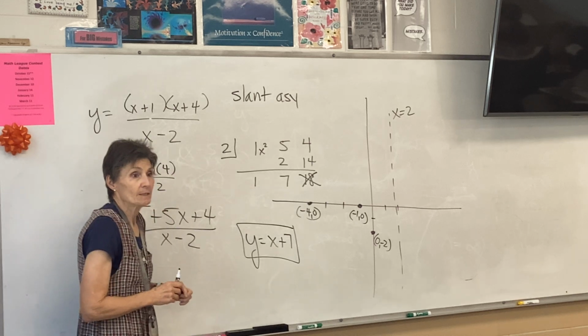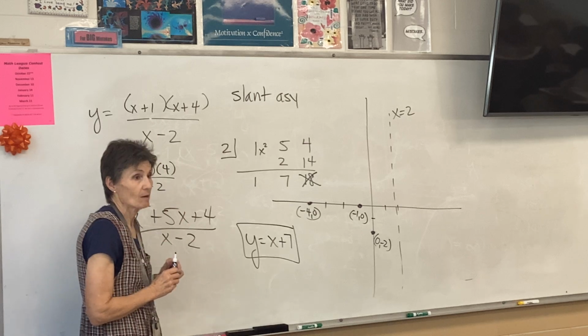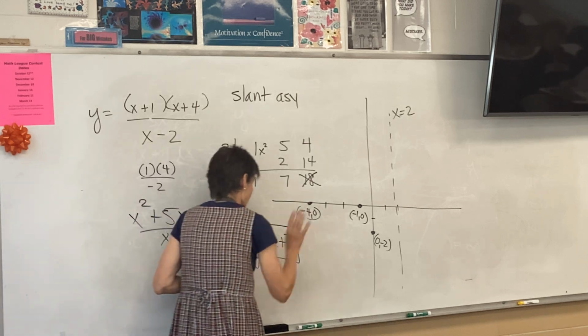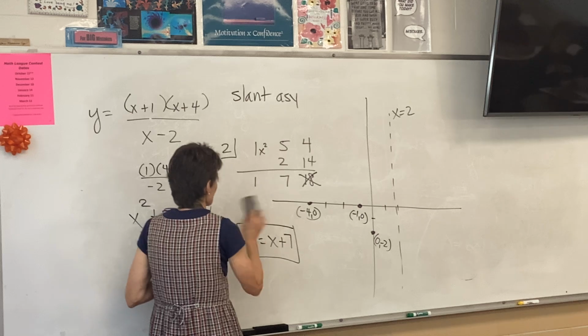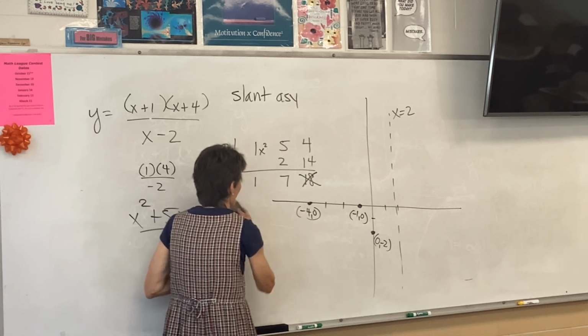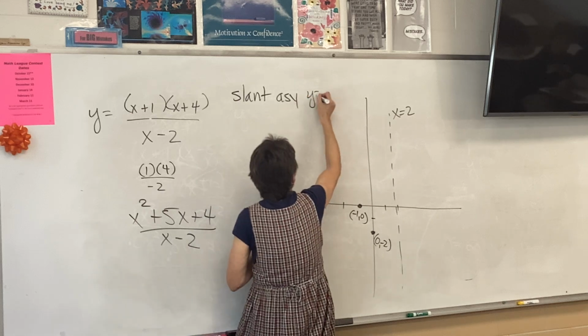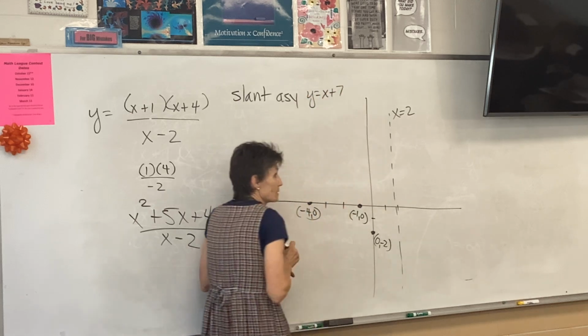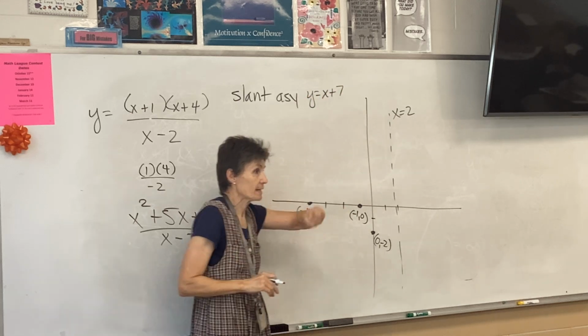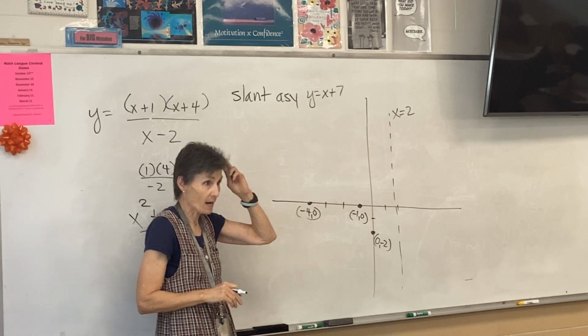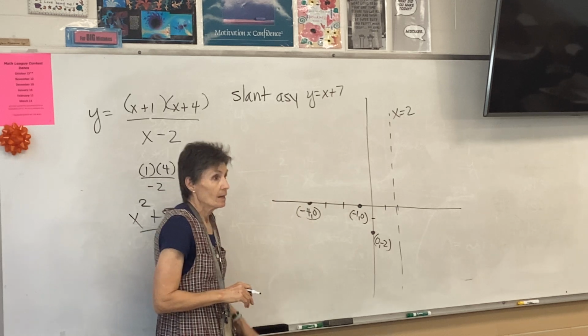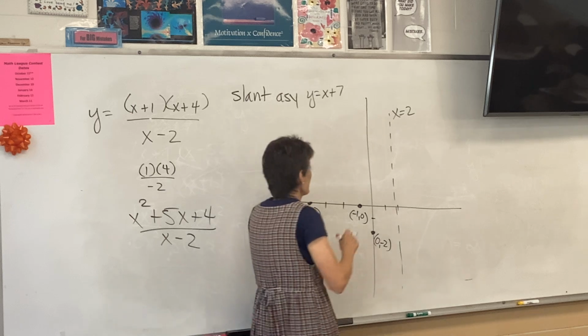Okay? Now, I have to graph that. Because I'm graphing my picture, I'm going to erase some of this. My slant asymptote is y equals x plus 7. So tell me, what does that look like? X plus 7 is a line? Yeah, it's line up 1 over 1. And its y-intercept is 7?